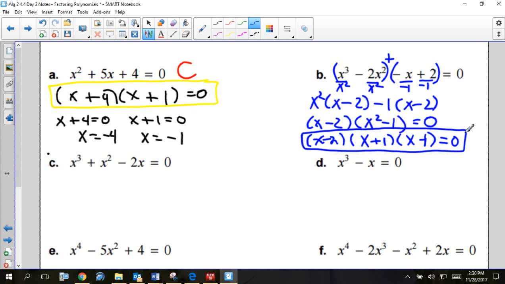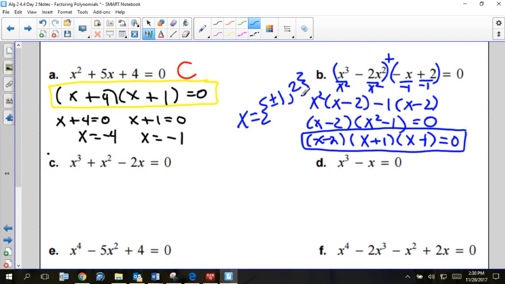And we have to find the x-intercepts. So what's my first x-intercept going to be? 2, then negative 1, then positive 1. So I've got x-intercepts at plus and minus 1 and at 2. This one is odd. So you look at your odd graphs.